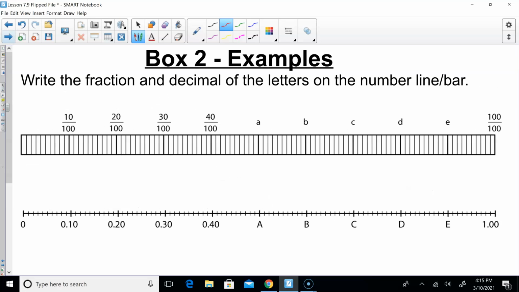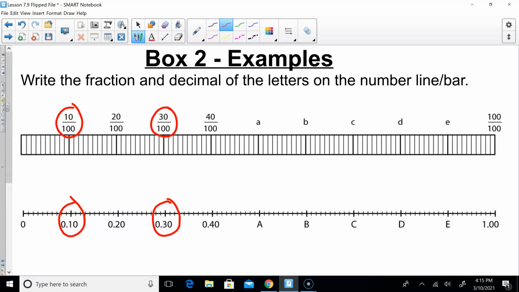Right now we're going to write the fraction and the decimal for the letters on the number line, or bar, so we can see how they correlate to each other. We notice right here that 10/100ths equals 0.10. 30/100ths equals 0.30, because it's 30 parts of a whole. So if we look at our A, what would it be? We start to realize these numbers. Here's 40.